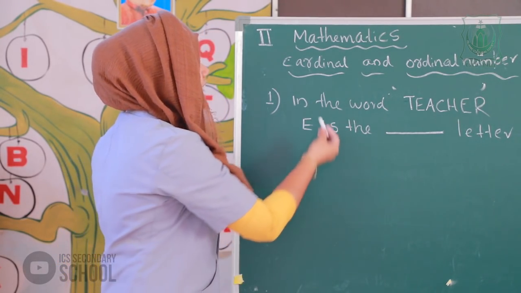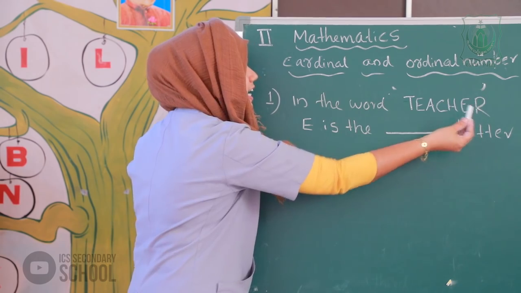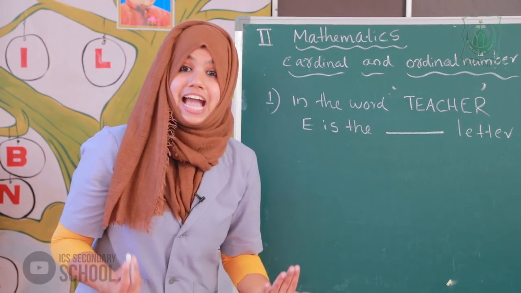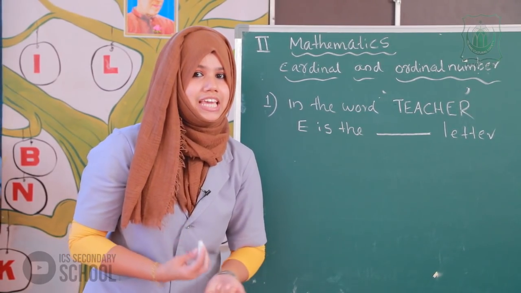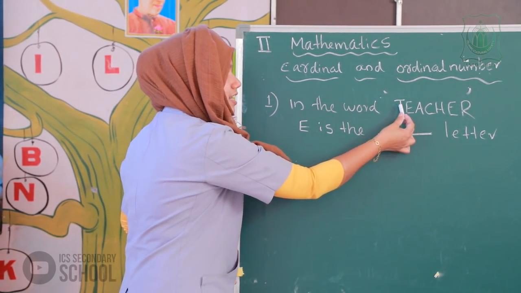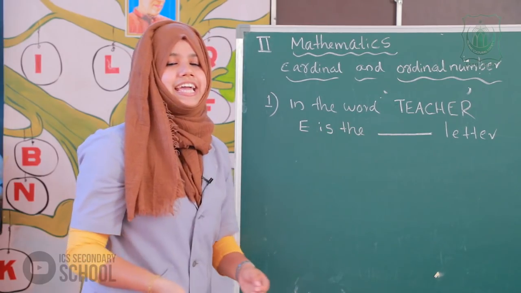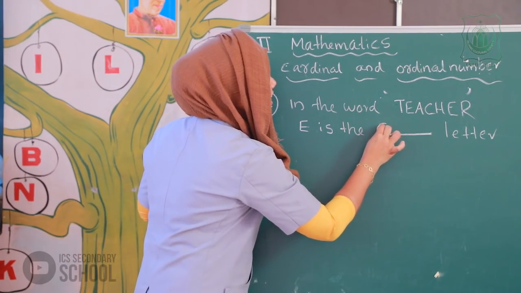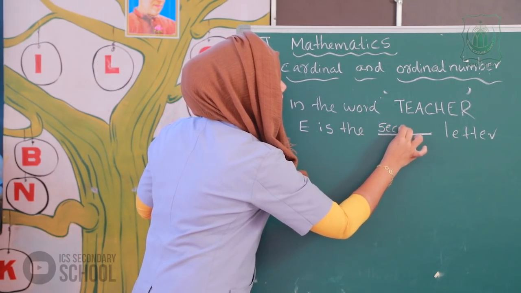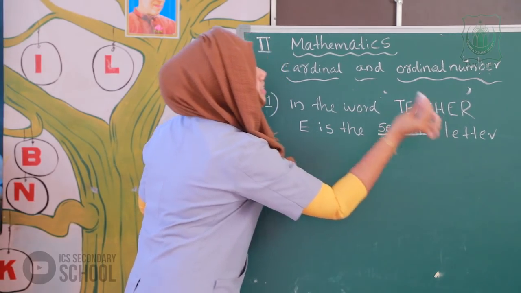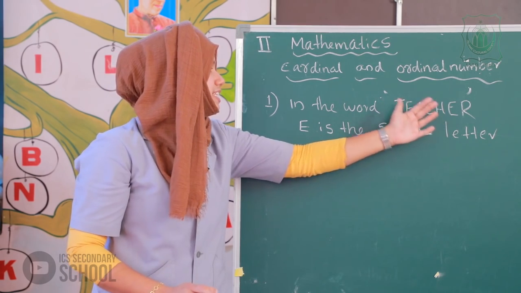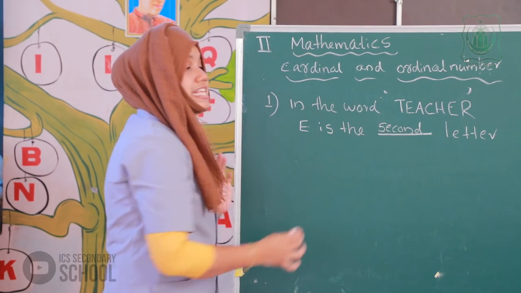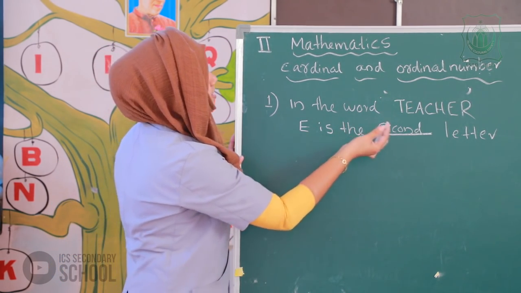What is the question? In the word teacher, E is the dash letter. In which position is E? E is first and second. Very good. So, E is the second letter. Okay, you understood? In the word teacher, E is the second letter.